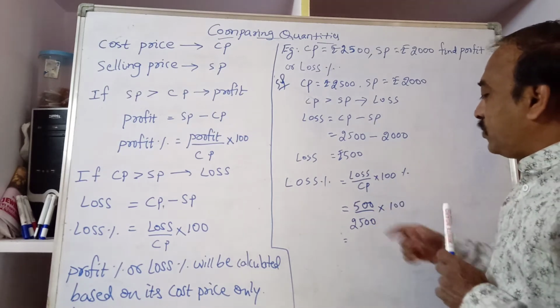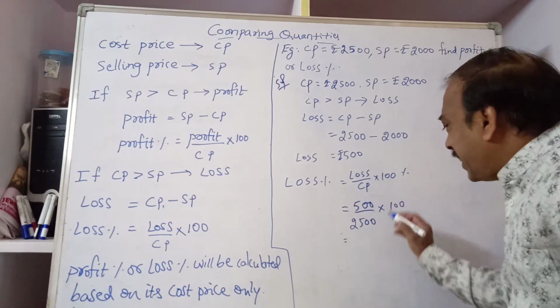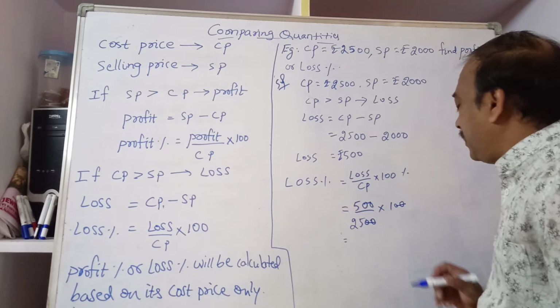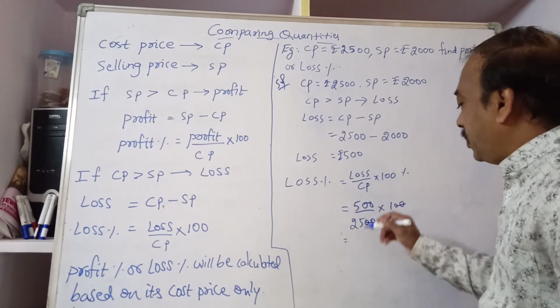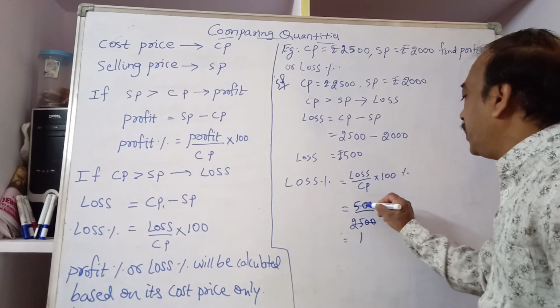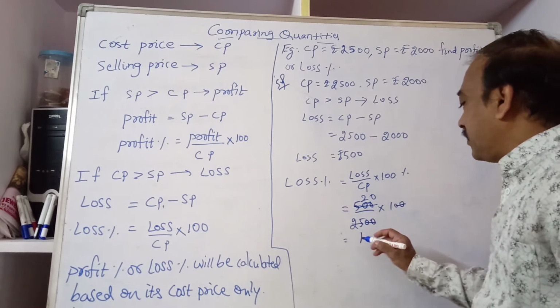So 500 by 2500 into 100. Observe it. Two zeros cancel. 5 table you can cancel, or 25 table also. 25 ones are 25, 25 twos are 50, and 0 besides. So what is the answer we got?